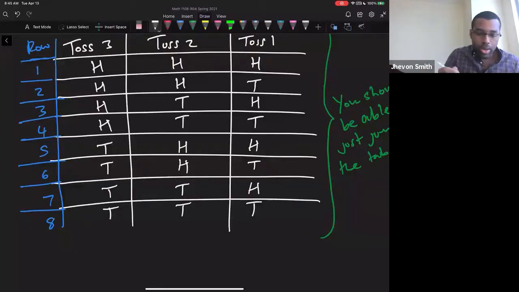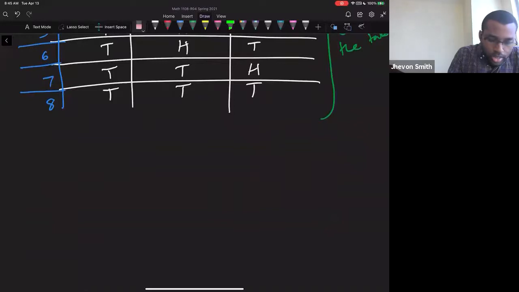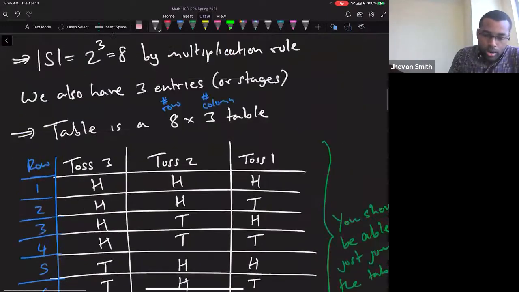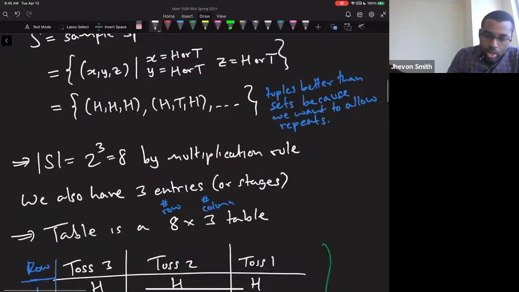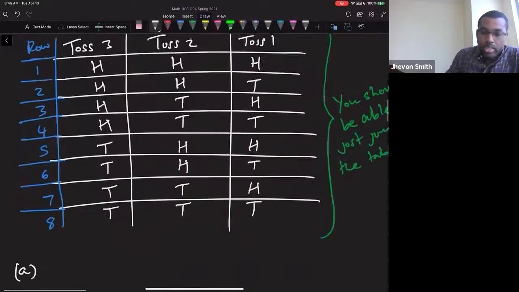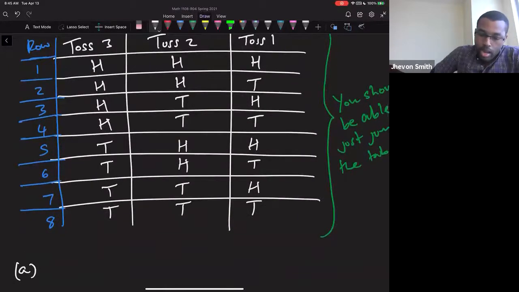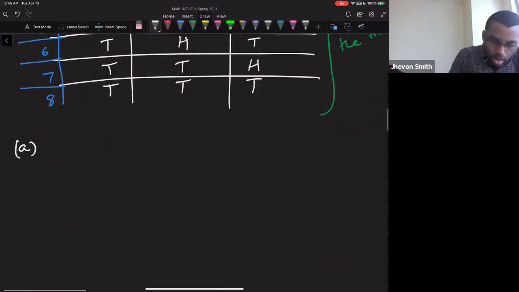Okay, so now that we have that, answering these questions should be relatively straightforward. So the first one is we want to get exactly 1 head. So now we look at how many ways you can get exactly 1 head. We can in row 4, row 6, and row 7. Probability of exactly 1 head.